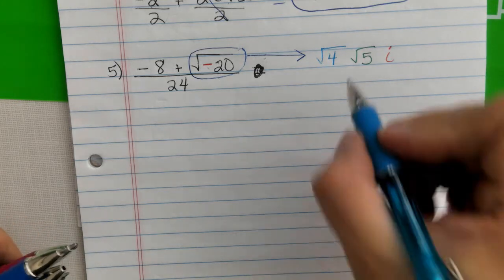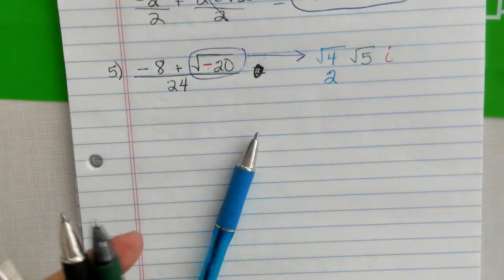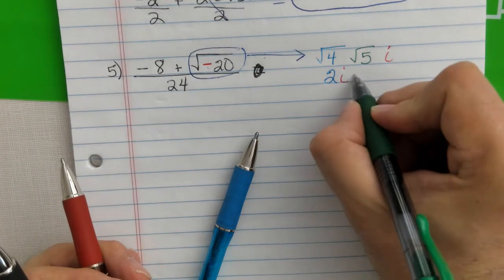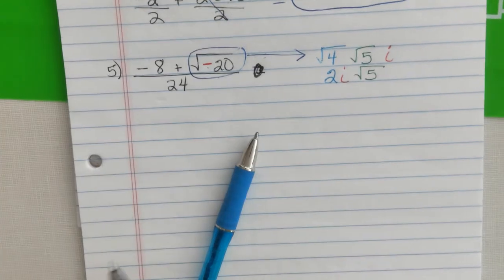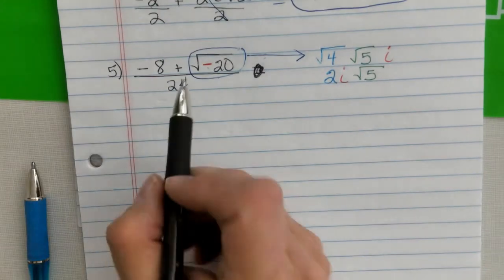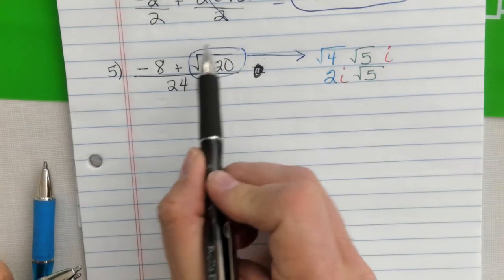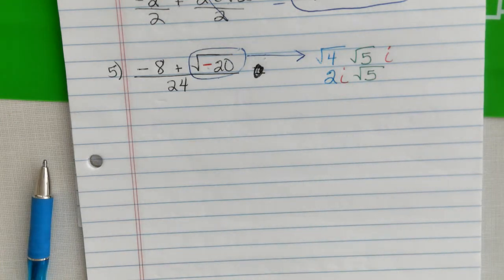The square root of 4, I'll put a 2. Then I'll write the I. And the square root of 5. Now let me rewrite it, replacing that square root with 2i square root of 5.